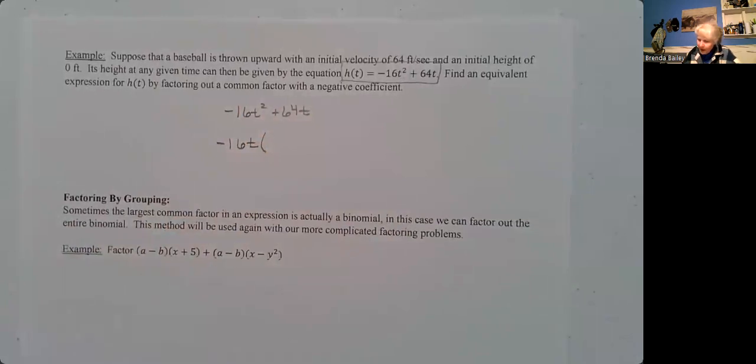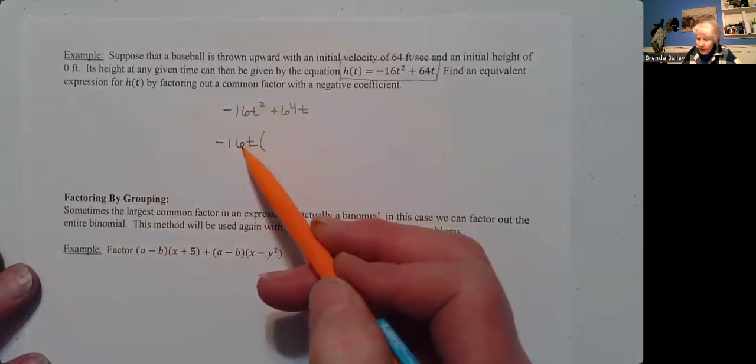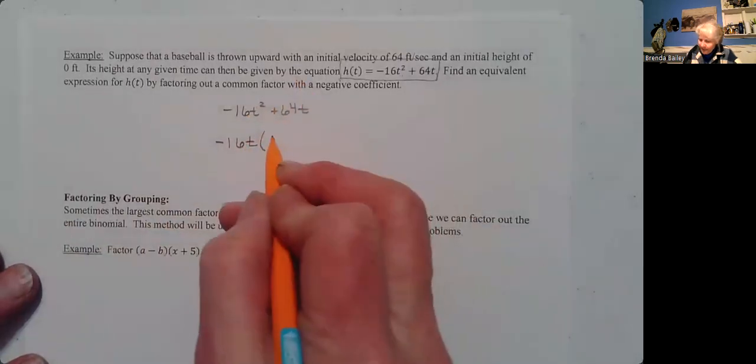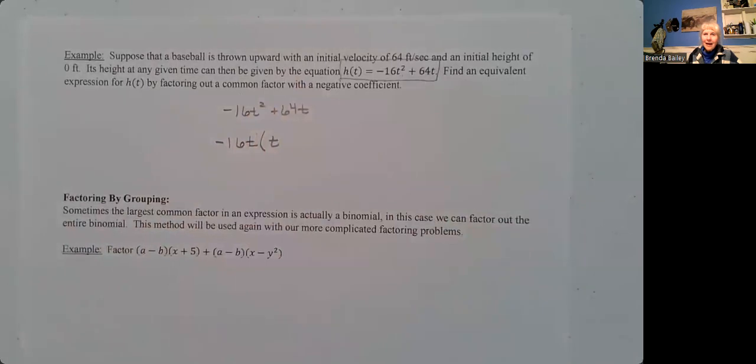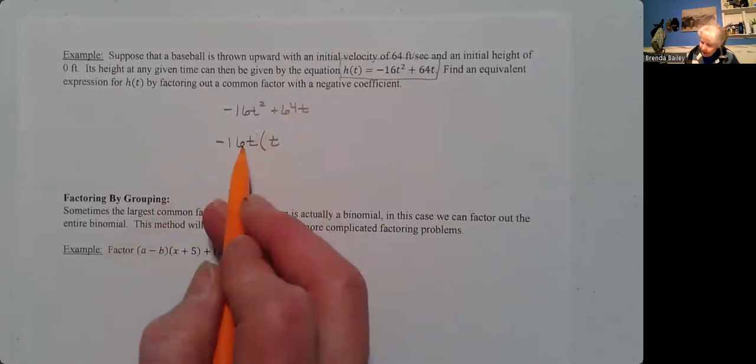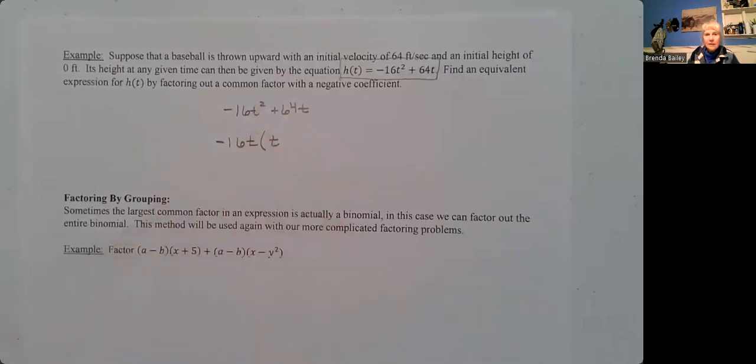All righty. This divided by this gives you a positive 1t. 2 minus 1 is just a 1t. But check it just in case. Negative 16t times t gives you a negative 16t squared, adding exponents.